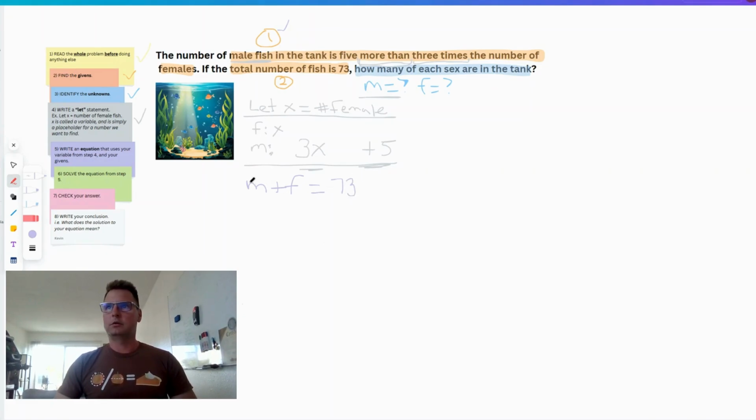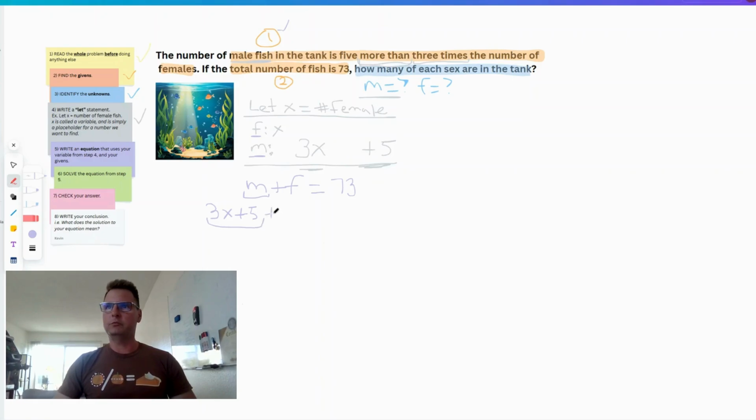Okay. Now, we already have males and females defined in terms of our variable x. So now we can plug those in and come up with an equation, right? So what is male actually? The number of males. It's 3x plus 5, right? So we can substitute for male, it's the same thing as 3x plus 5.